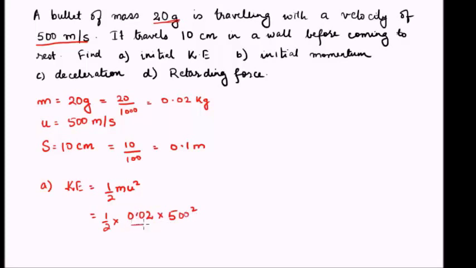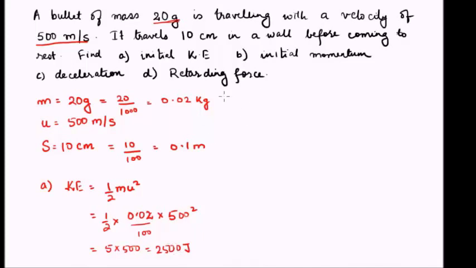Now if we simplify this, that would give us 5 into 500, and that is 2500 joule. So the initial kinetic energy is 2500 joule for the bullet.